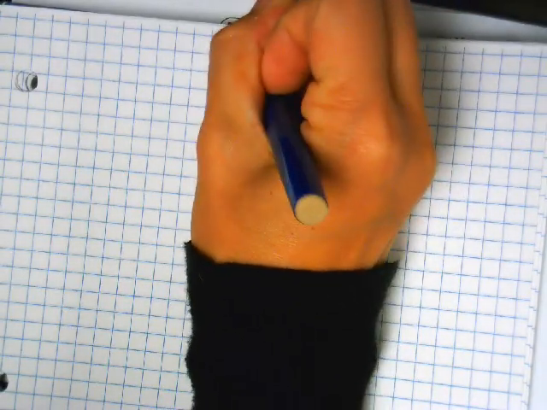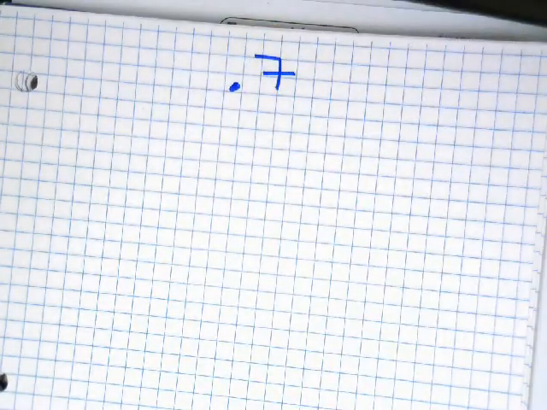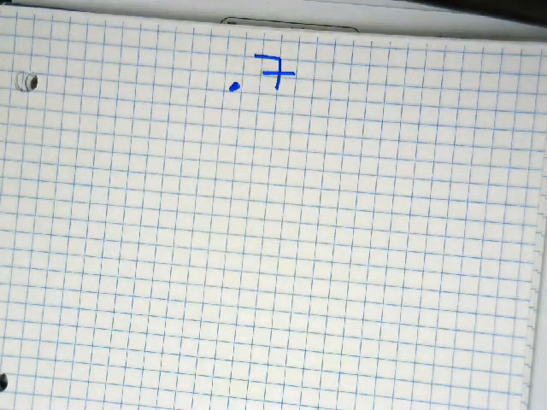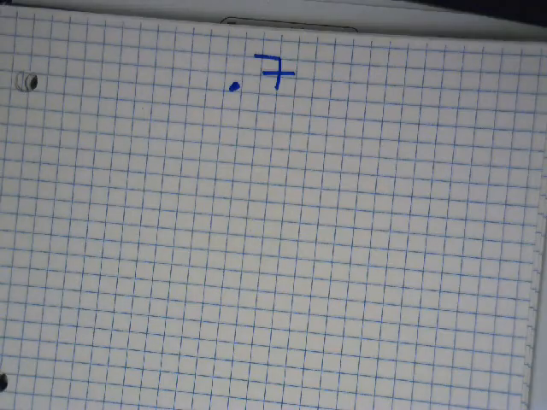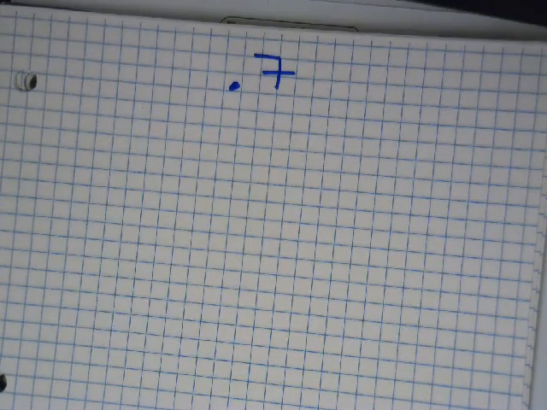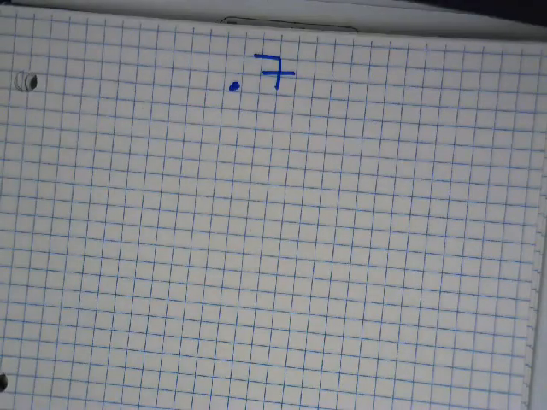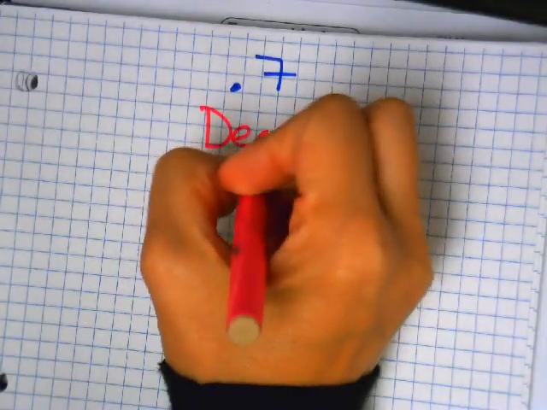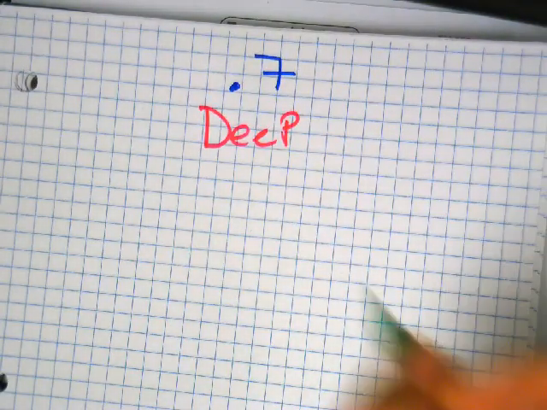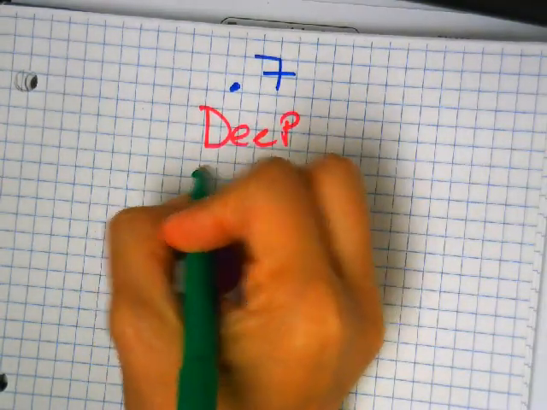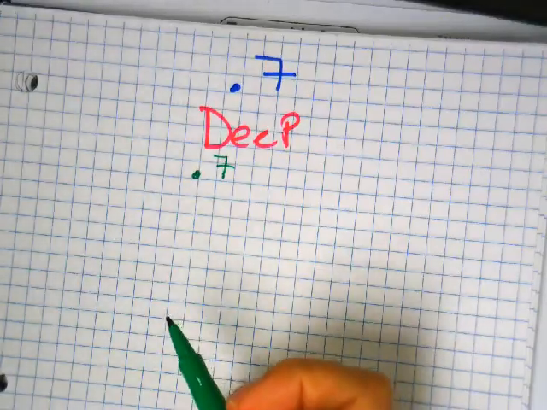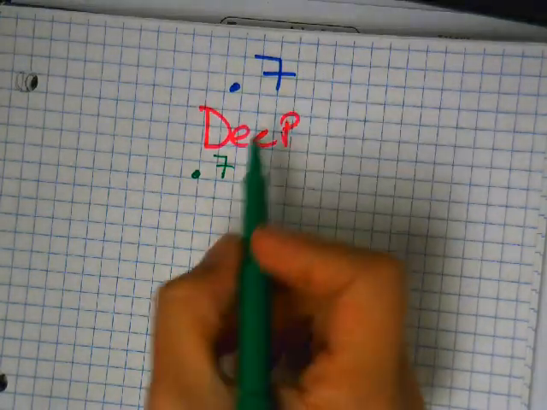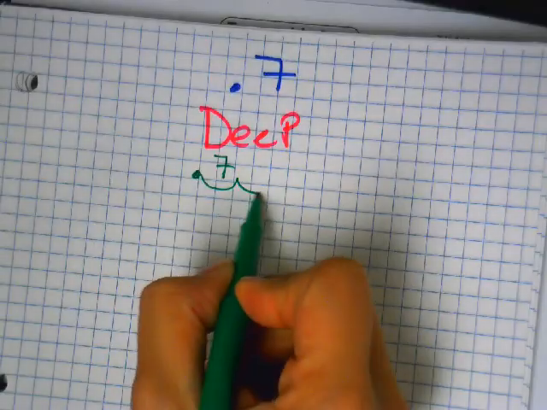So what if I give you 0.7? Now this is a decimal, what would be the percent of 0.7? Good job, Kyle. How many times do we move the decimal? 2. So we go 1, 2.